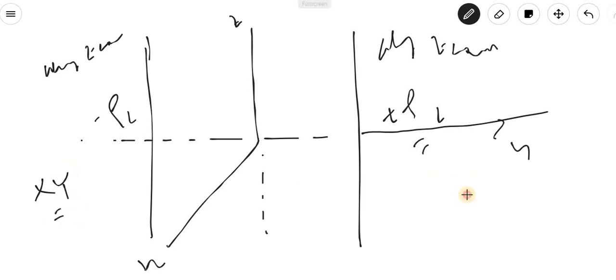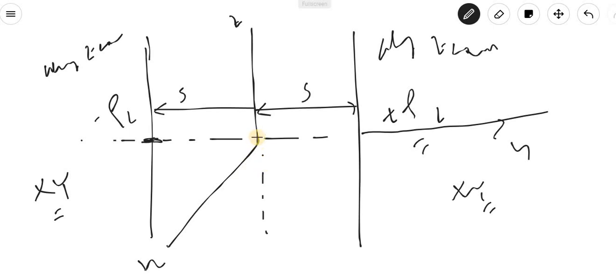Both lines lie in the XY plane. Now the point where the charge distribution intersects the XY plane has x equal to 0, and y equal to s in the positive direction. Obviously here also, s, in the negative direction.